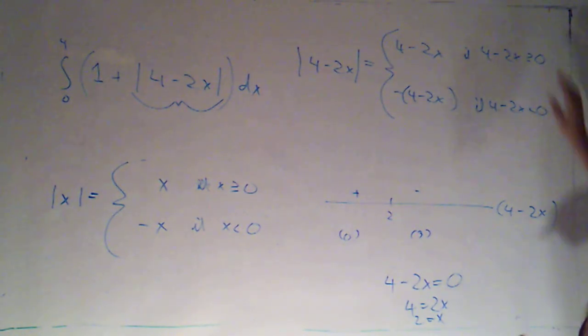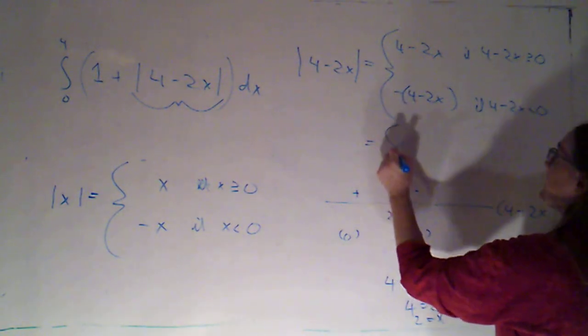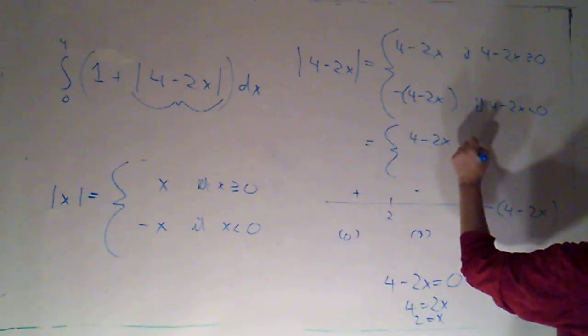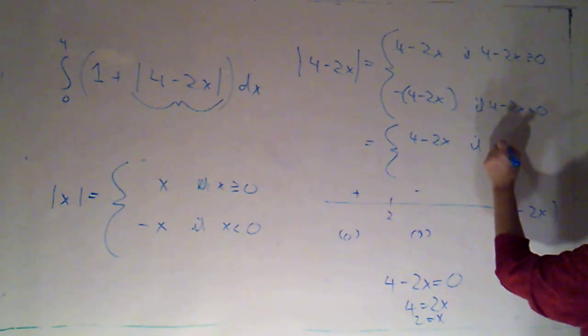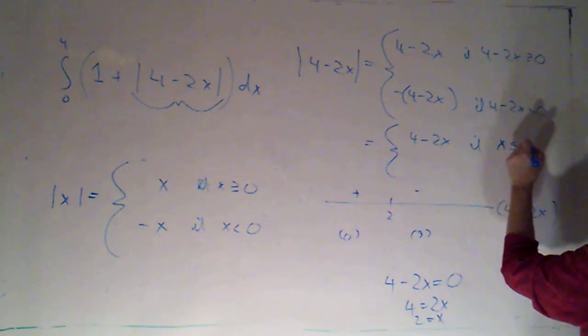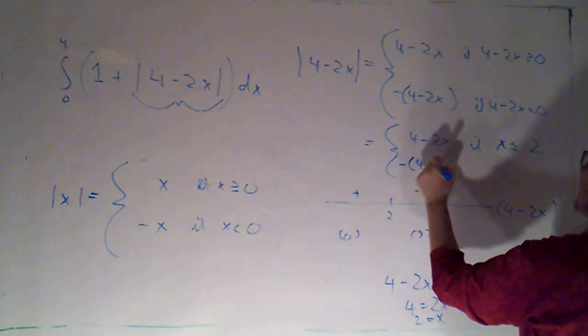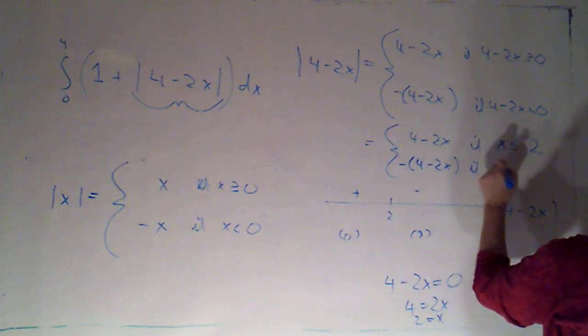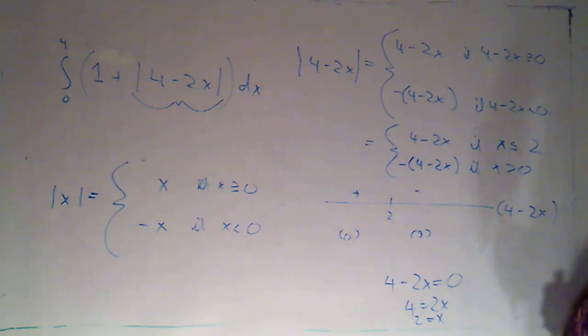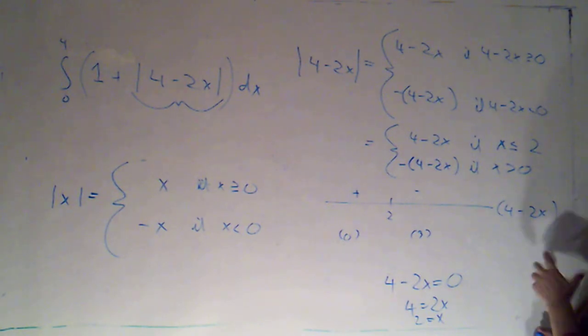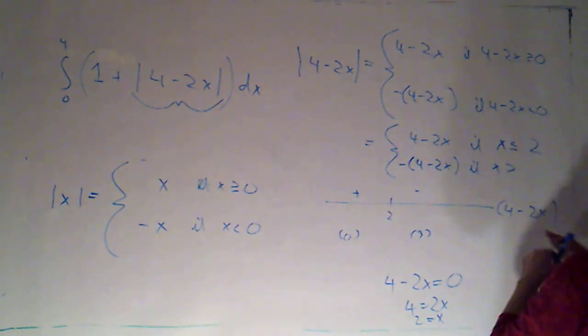So I can rewrite this to say that I'm going to get 4 minus 2x if x is less than or equal to 2, and I'll get the opposite of 4 minus 2x if x is bigger than 2.